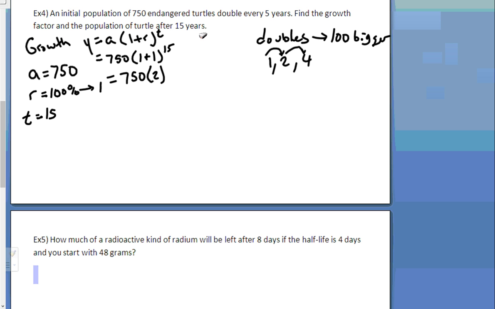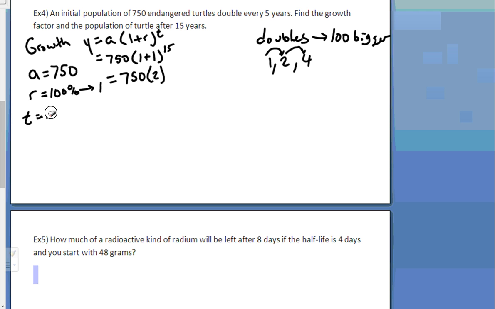And I fell for it just like a lot of you would probably fall for it. Right here, I need you to read this carefully with me. The initial population doubles every 5 years. So question, every 5 years doubling, so how many times is it going to double in 15 years? Every 5 years it doubles, how many times is that going to happen in 15 years? It is not 15 times. It's not going to double 15 times.